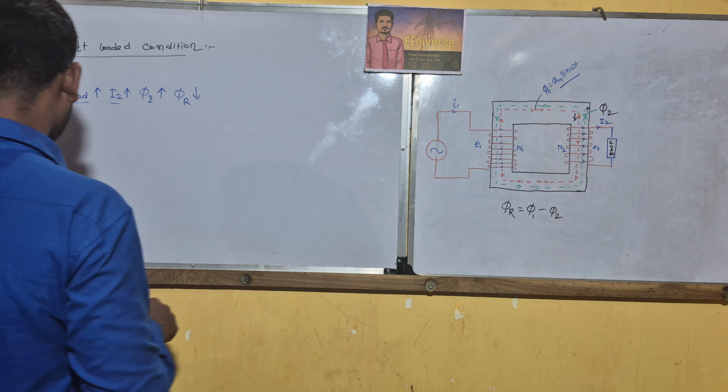So here Im is the magnetizing current, and I2 dash is the secondary current with respect to the primary side.